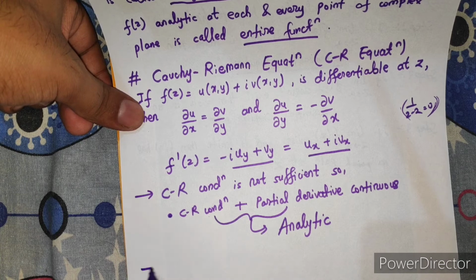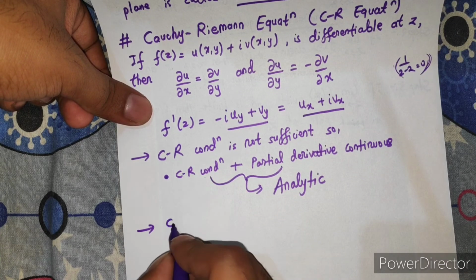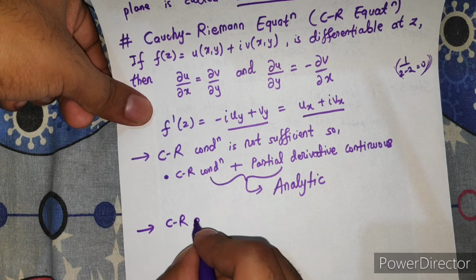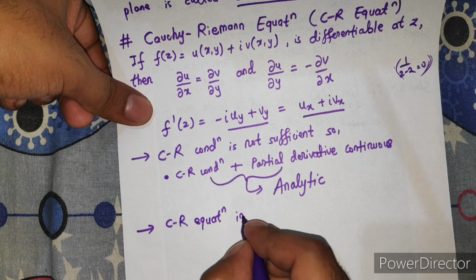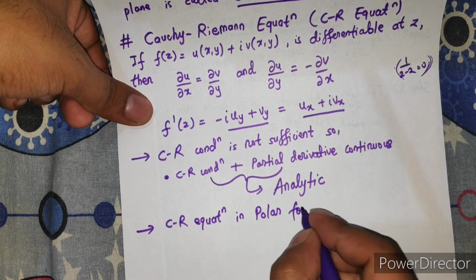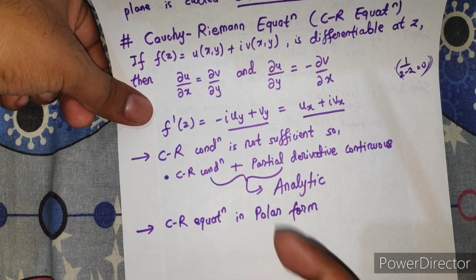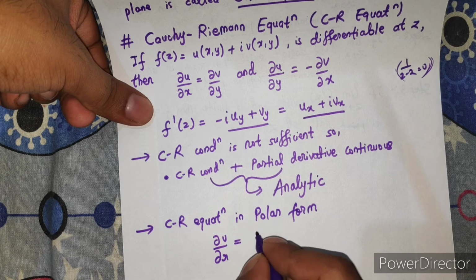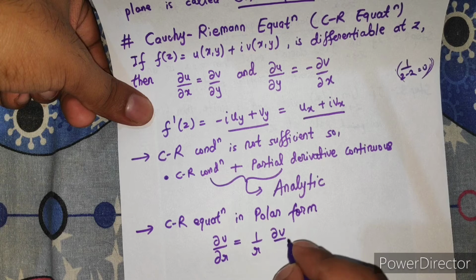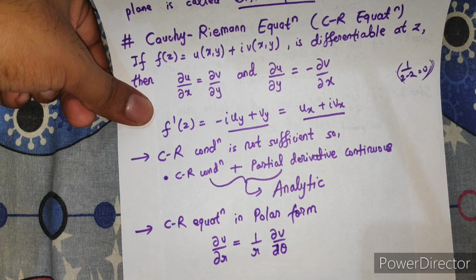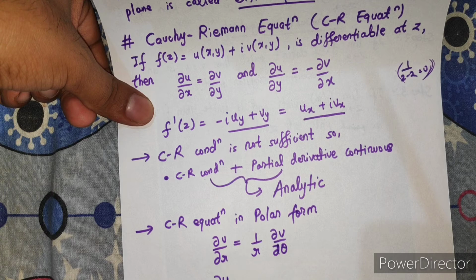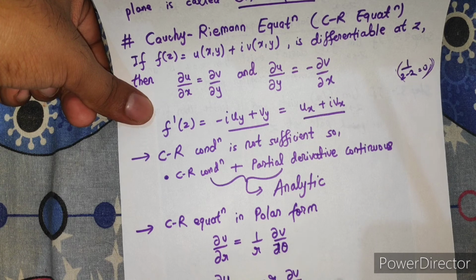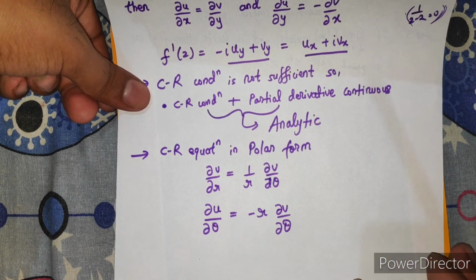The CR equation in polar form can be written as: 1 by r, partial derivative of v with respect to theta, and the partial derivative of u with respect to r, should be equal to minus r, partial derivative of v with respect to r.